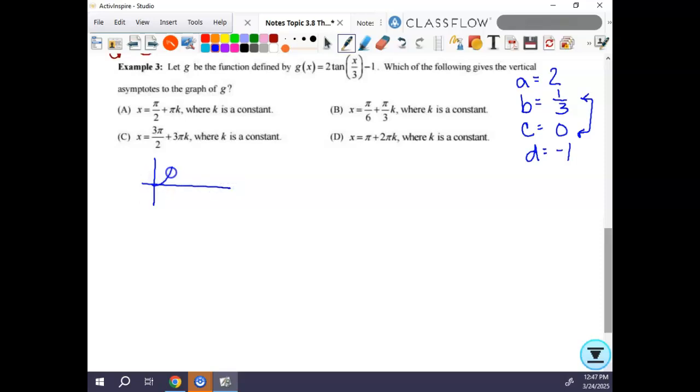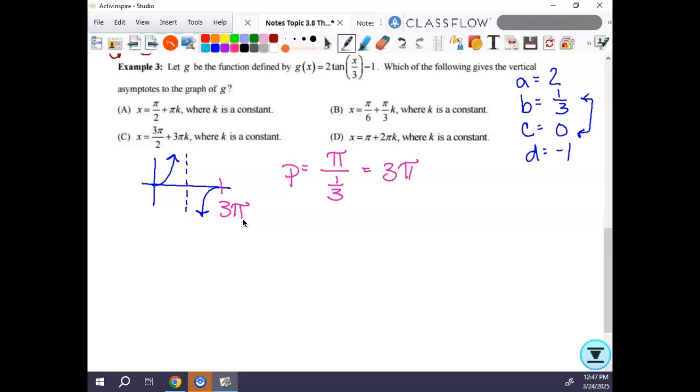let's graph our little parent function. And now I know that this gets shifted and stretched, but I don't even care because it's only the horizontal stuff that affects anything. But I would like to know what the period actually is, right? So I would take, what goes in the numerator? Pi divided by 1/3. And what is pi divided by 1/3? 3 pi. Okay, so my period is 3 pi.